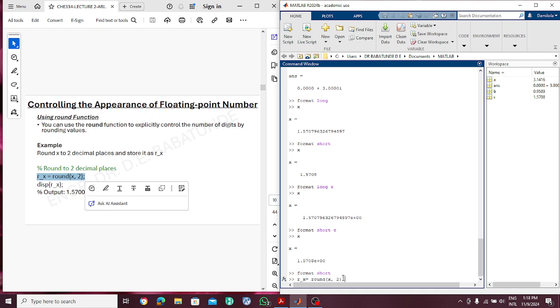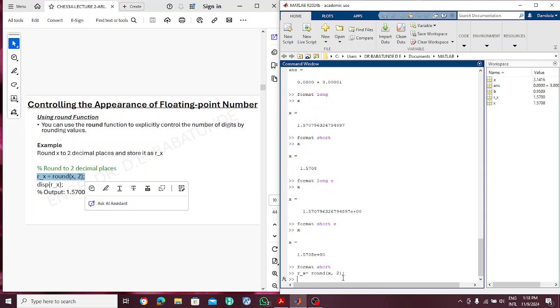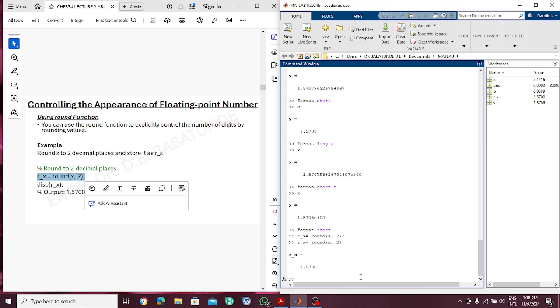We call the function round, put in the variable, in this case x, followed by the number of digits we are looking at. The two are separated by a comma. Okay, let me remove the semicolon so that we could see the results being displayed. So now we have our r_x equals 1.57.